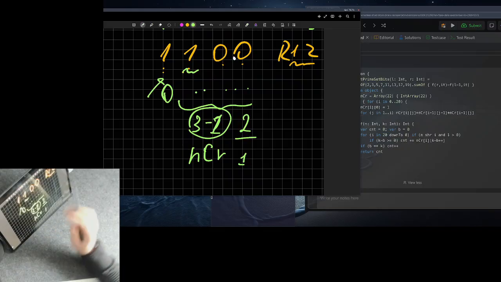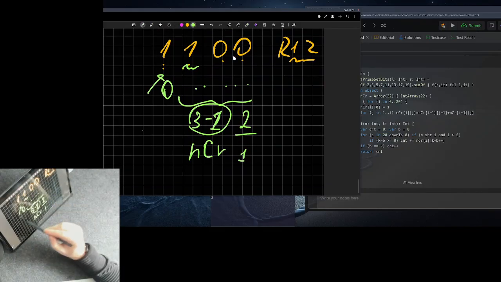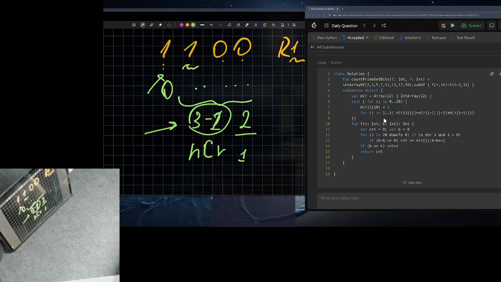So maybe I did a little bit wrong in this, but looking at the solution, it takes the NCR of I and then the rest of the bits.